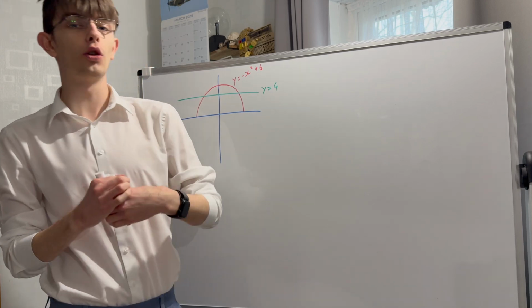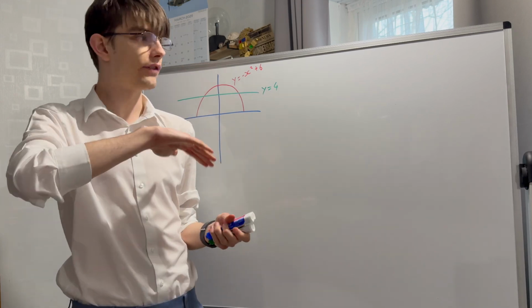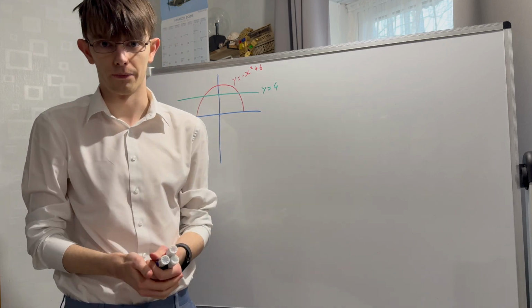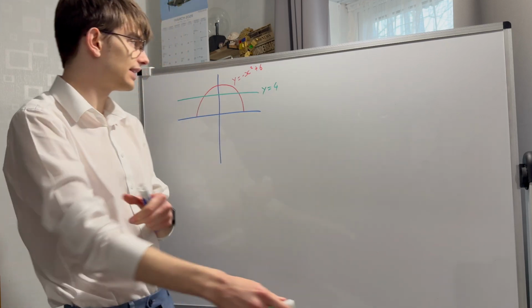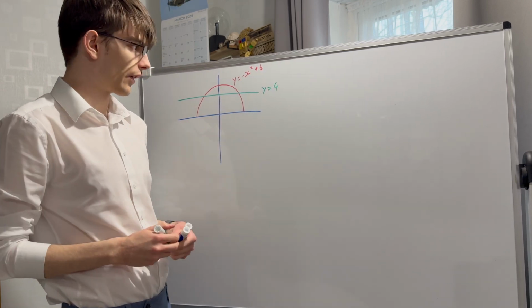So in the last video, we showed how to find the area under a curve, specifically the area between an x-axis and a curve using integration. But what if I have a setup that looks like this?